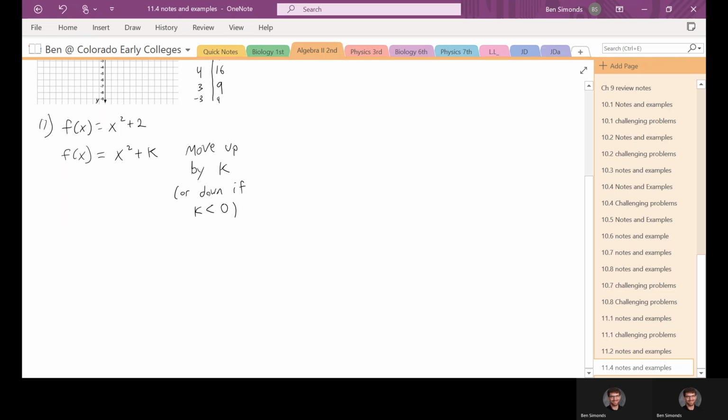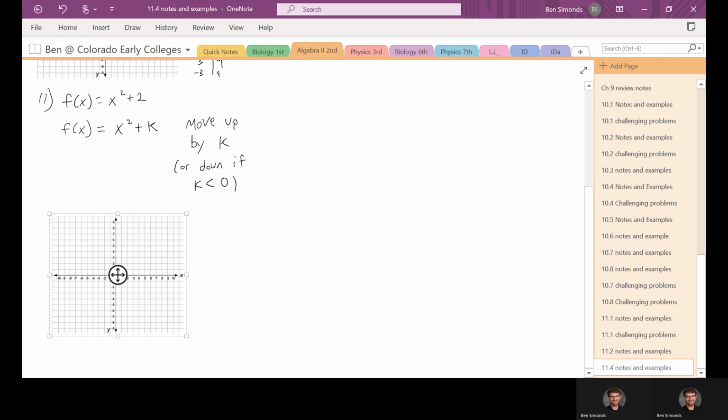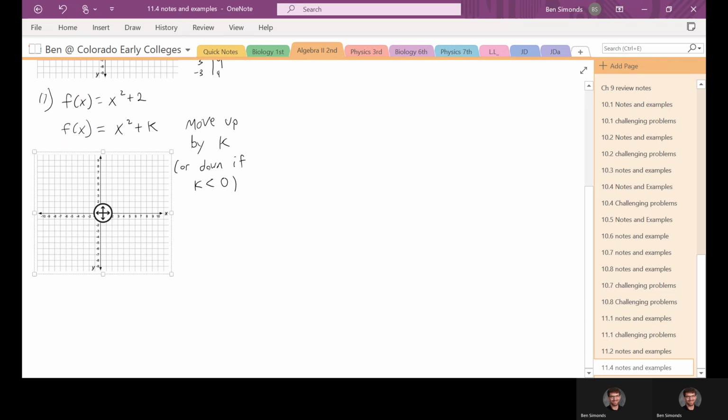So let's take a look and see what that looks like here. Originally we started at 0, 0, so we move up to 0, 2, if my tablet would allow me. Same thing, we were at 1, 1, so we move up to 1, 3.